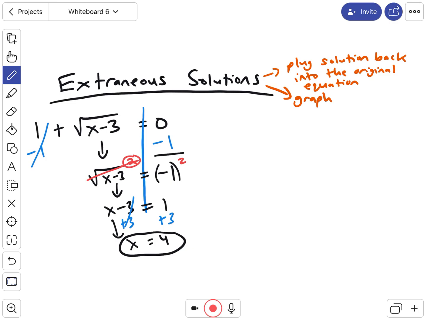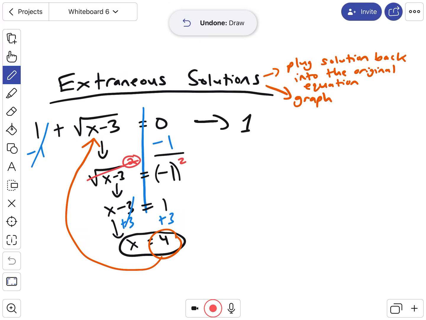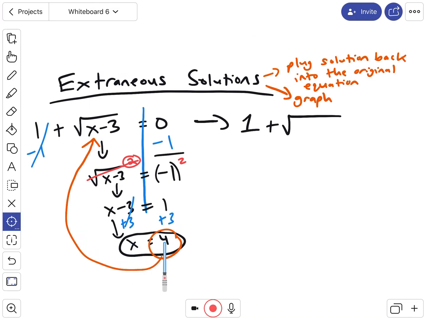So if we plug this 4 into the original equation, it's going to be 1 plus the square root, and instead of x minus 3, since x equals 4, we're going to do 4 minus 3, and then equals 0.